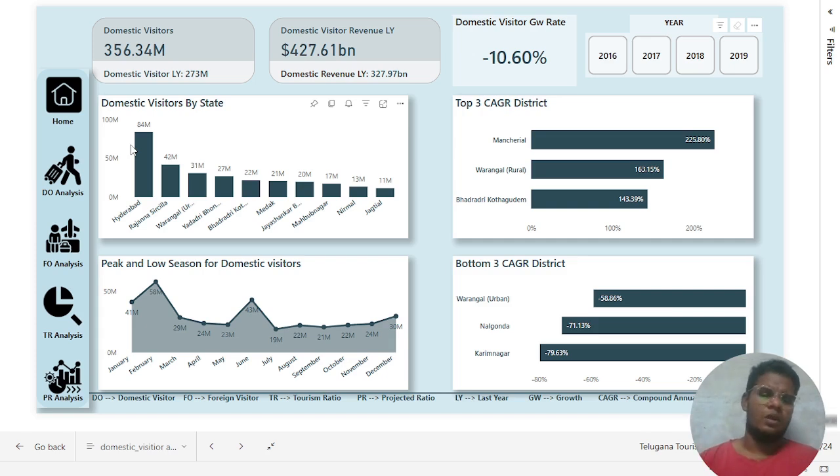Domestic means the local people, our Indian people. There are a lot of things. Majorly, the iconic places of Hyderabad are the Charminar and the Qutb Shahi tombs. I think I mispronounced or misspelled that. And there is one famous fort as well. I don't remember the name.